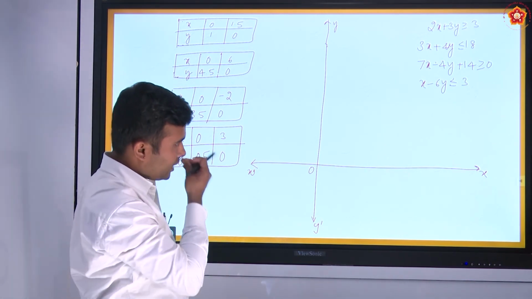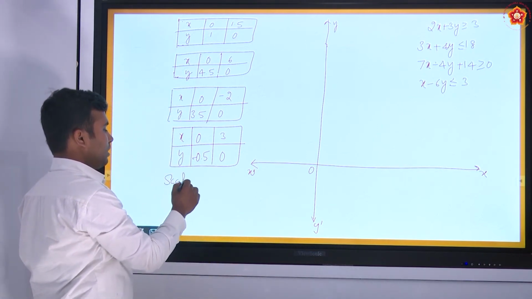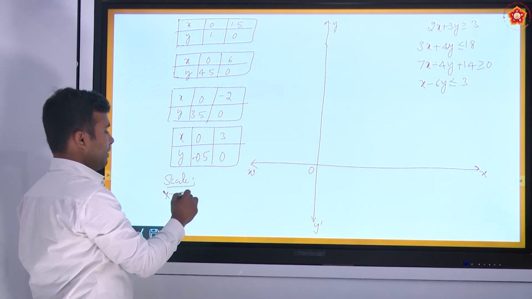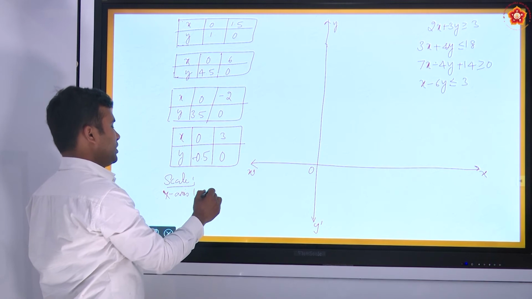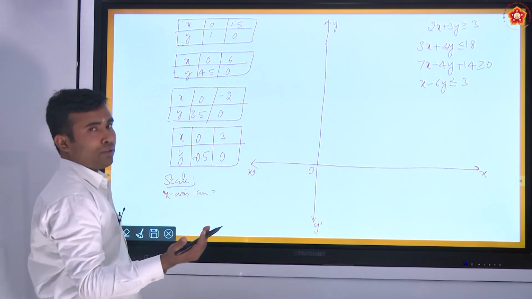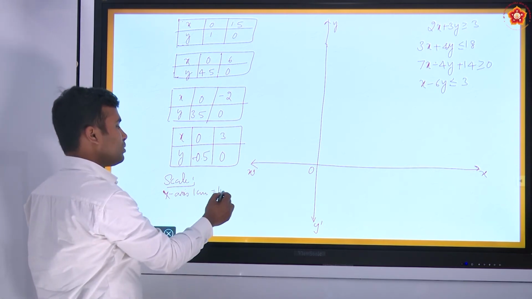So let us take a scale. You may take on the x-axis 1 unit as 1 centimeter, or 1 centimeter is equal to 0.5 units, you may take like that, or 1 centimeter is equal to 1 unit, you may take like that also.